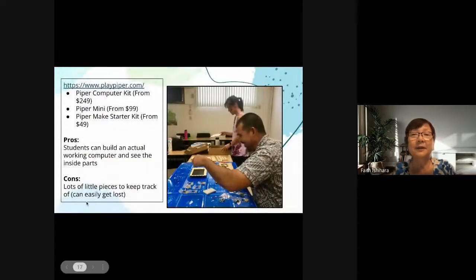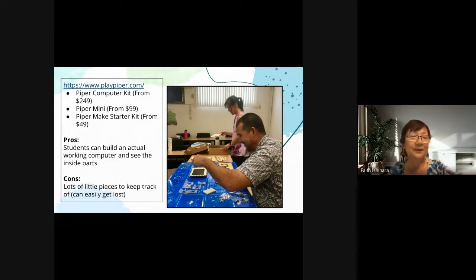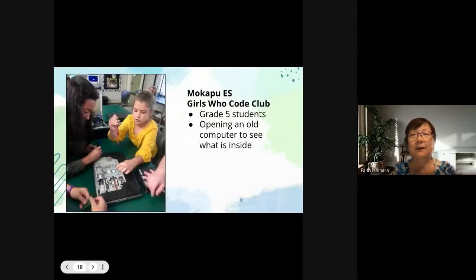And then we have the Piper kits, which are a little bit more realistic, and it provides a blueprint, and students or adults, like our administrator and colleague, put together following the blueprint, actually put the pieces together and make a working computer. Yeah, I think Anna did one with us as well. That was fun. Just have to think about the management of the little pieces, but it's an awesome experience.